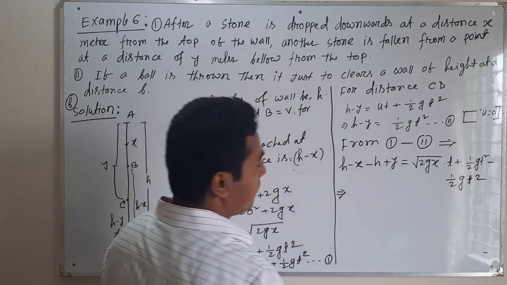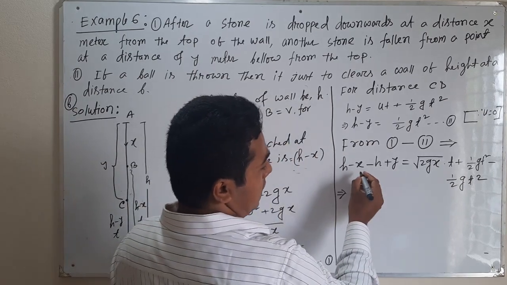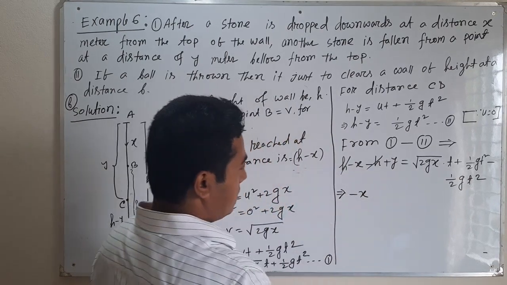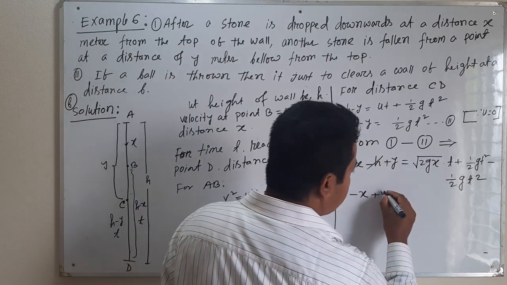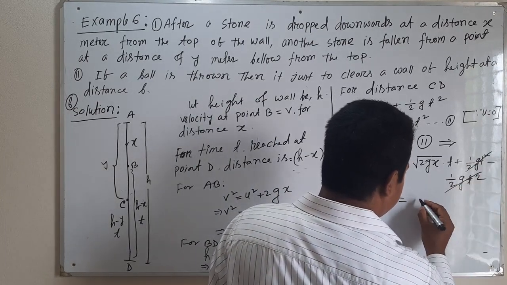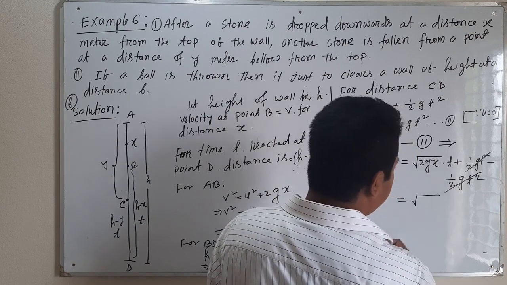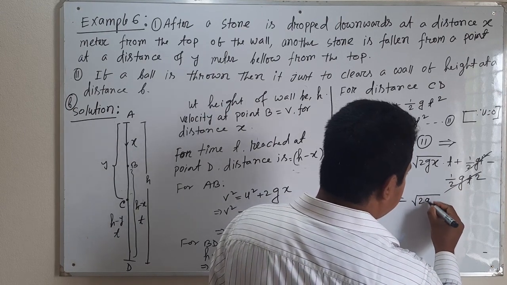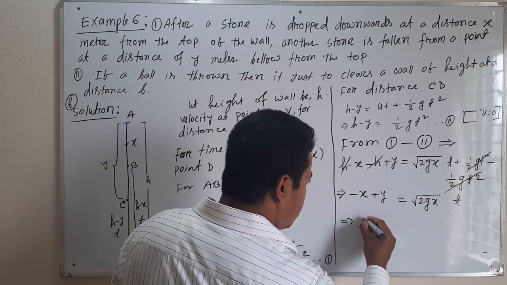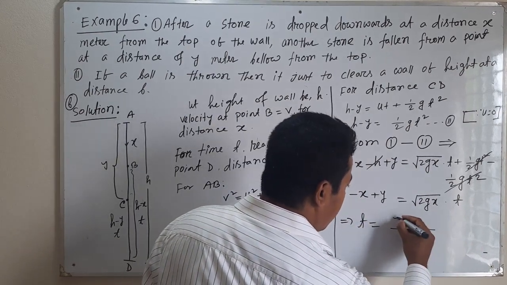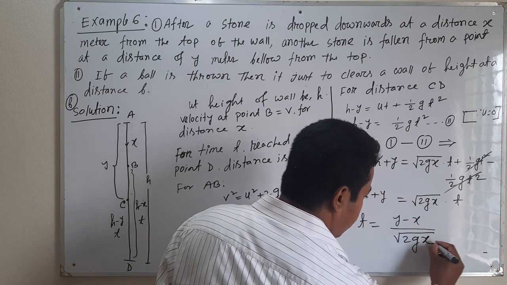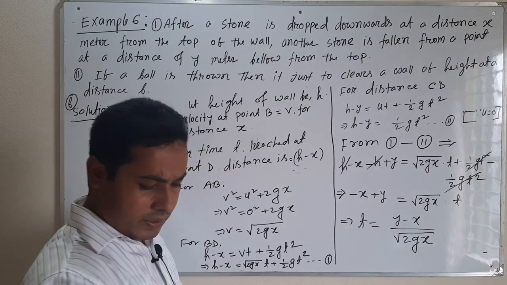So minus x plus y is equal to root over 2gx into t, so t is equal to y minus x divided by root over 2gx. This is our value of t.